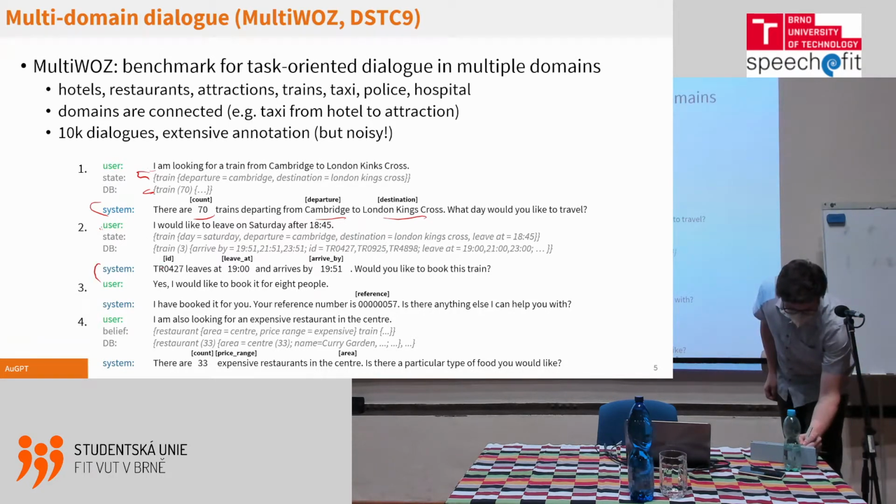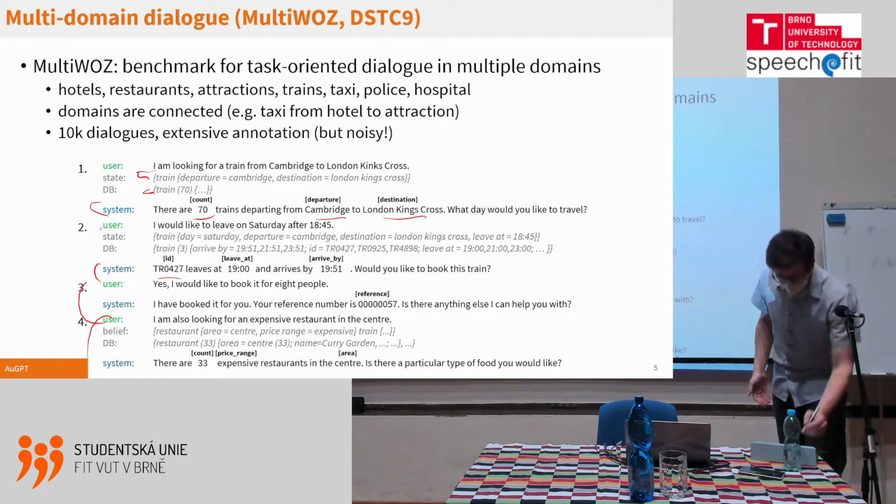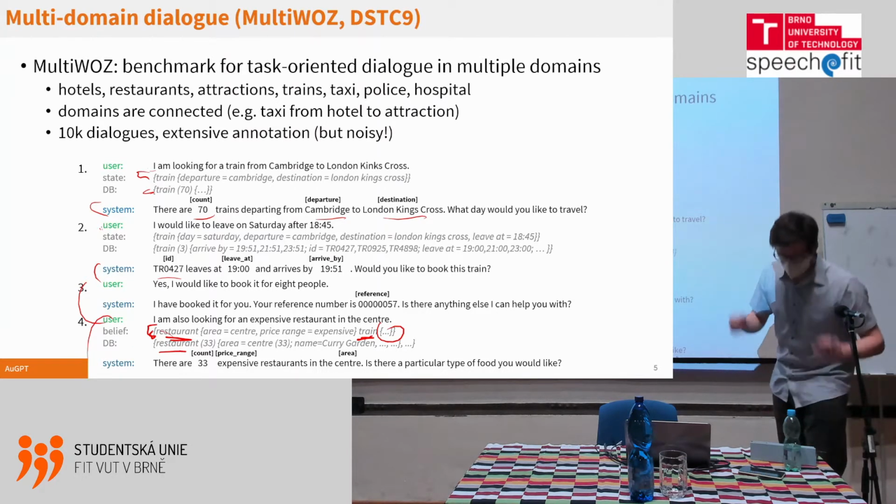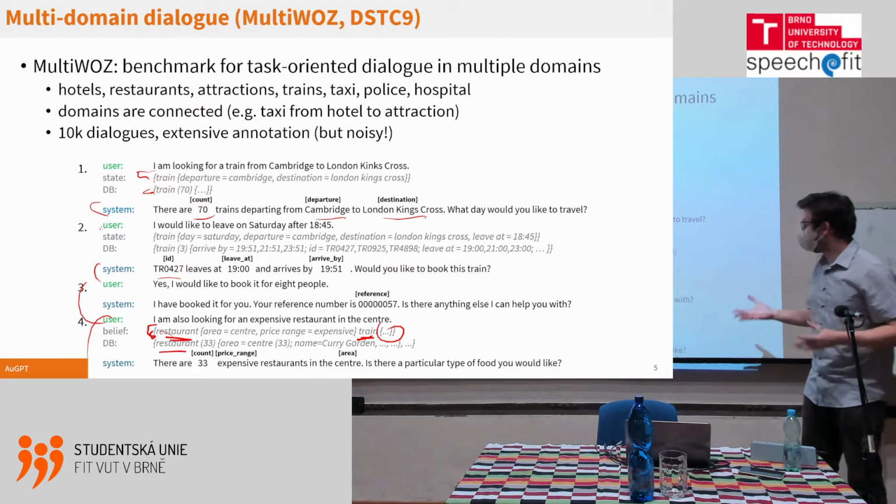Then the system recommends a train connection, then there is a booking, and then the user says they also want a restaurant. Here you can see that the state tracking now includes a restaurant and still includes the information about the train. The database search now involves the restaurant because it's the active domain.